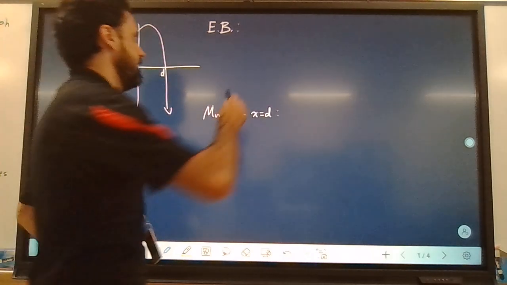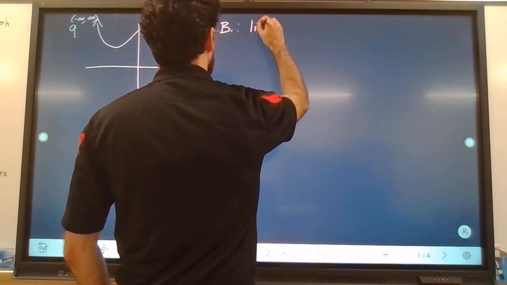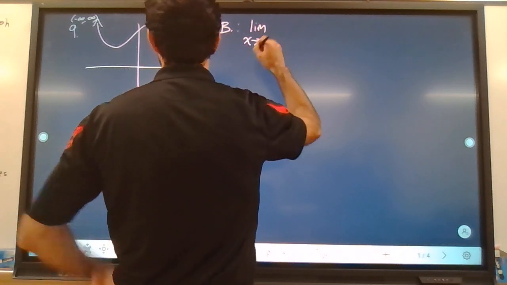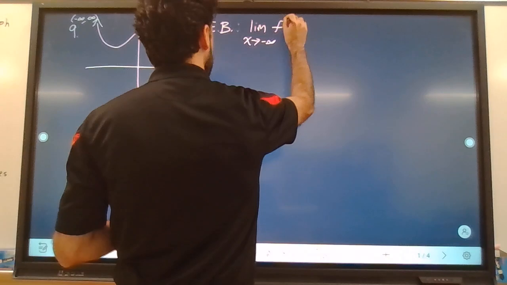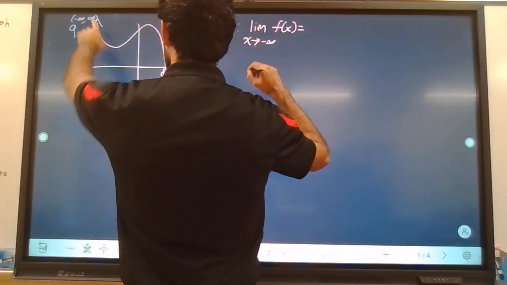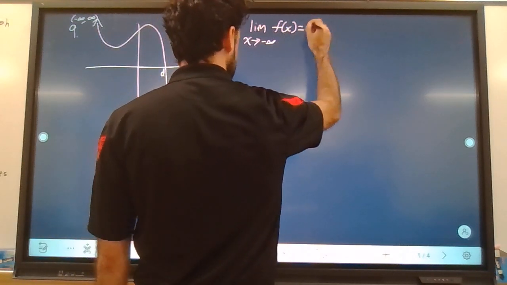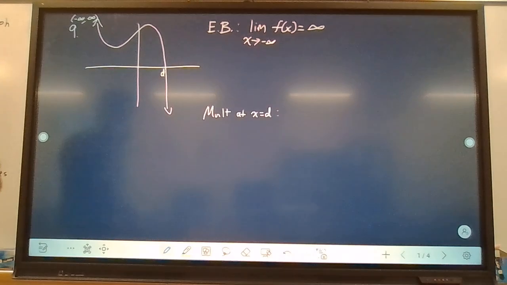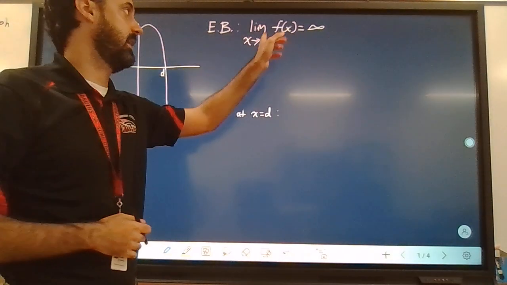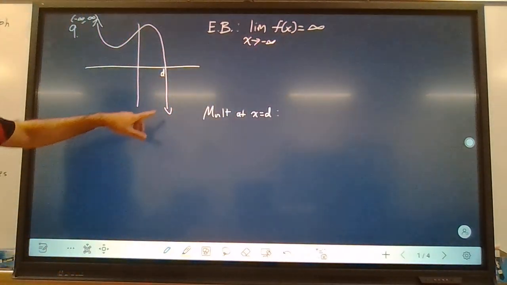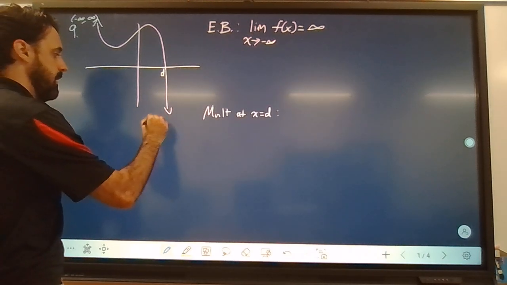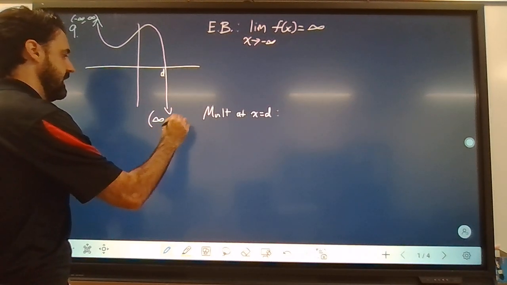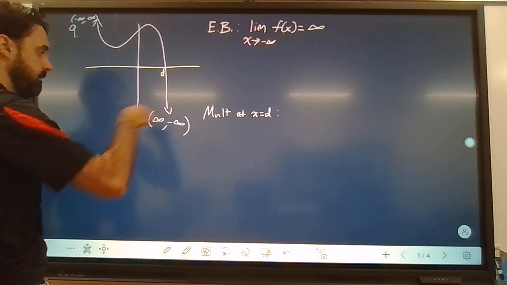As a limit statement, here's how we write that. The limit as x approaches the x-coordinate, which is negative infinity, of our function is equal to the y-coordinate, which is positive infinity. Remember, this is just a coordinate point, x comma y. But the other direction of the end behavior is approaching the coordinate point positive infinity, negative infinity, heading right and down.